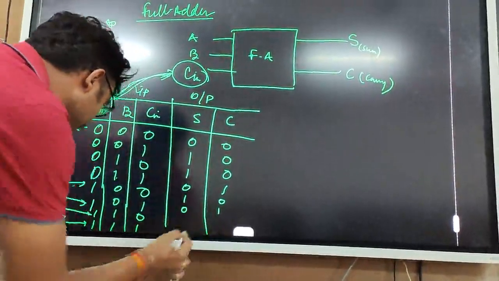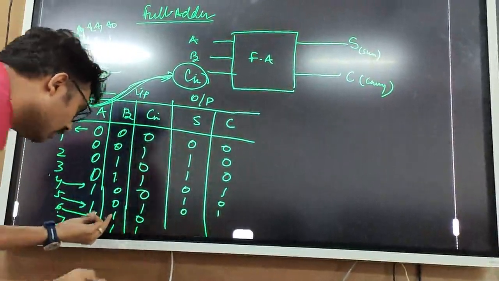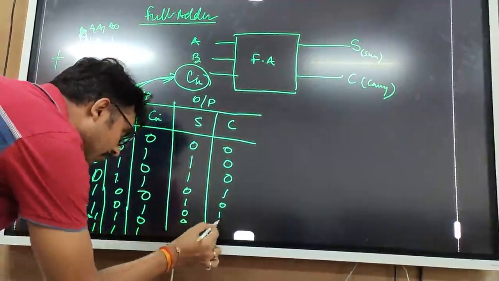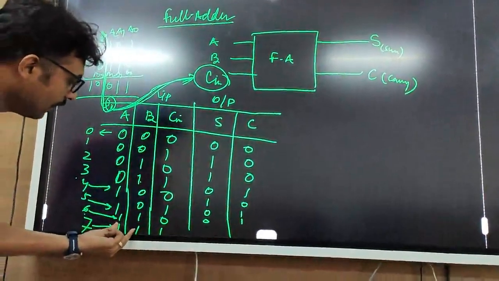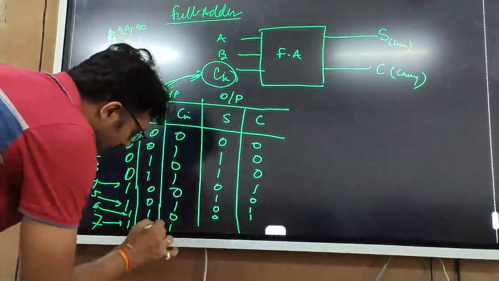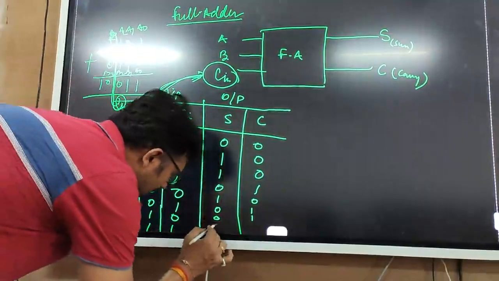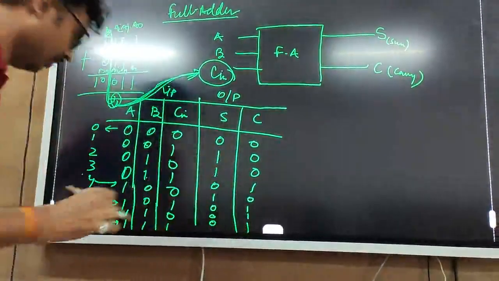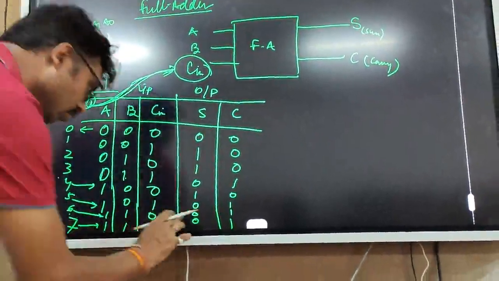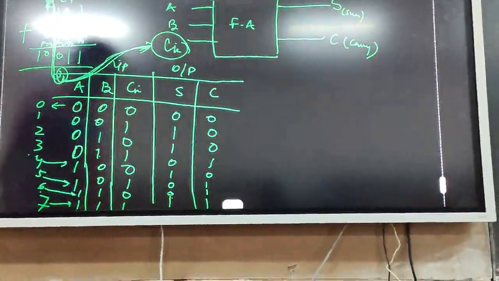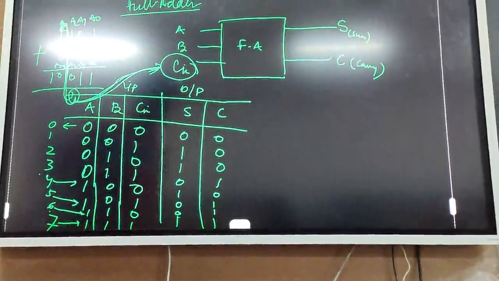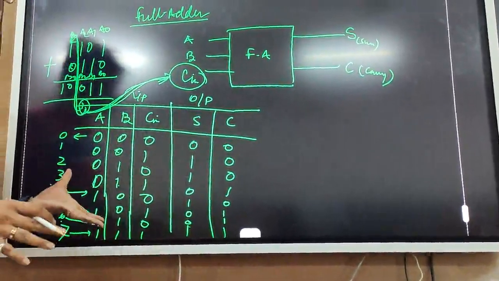Then 1 plus 1 plus 0 is 0, carry 1. Finally 1 plus 1 plus 1 is 1, carry 1.